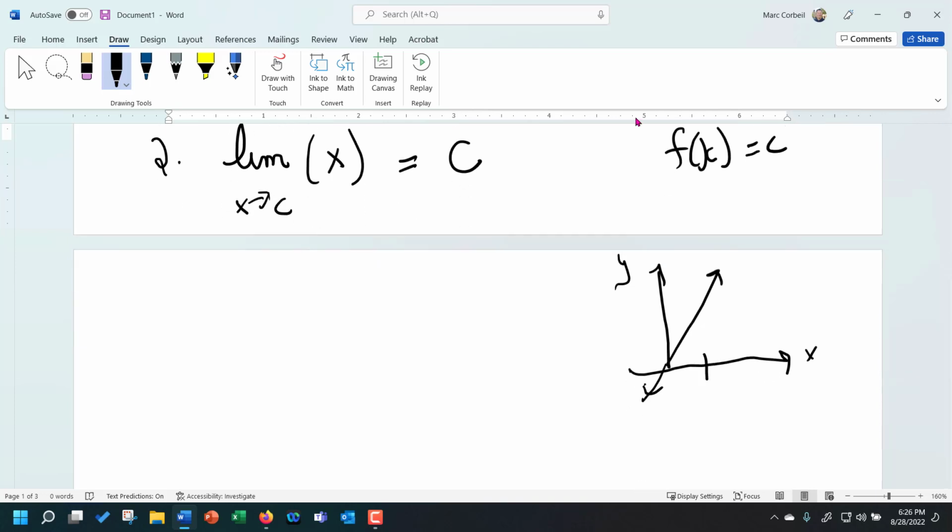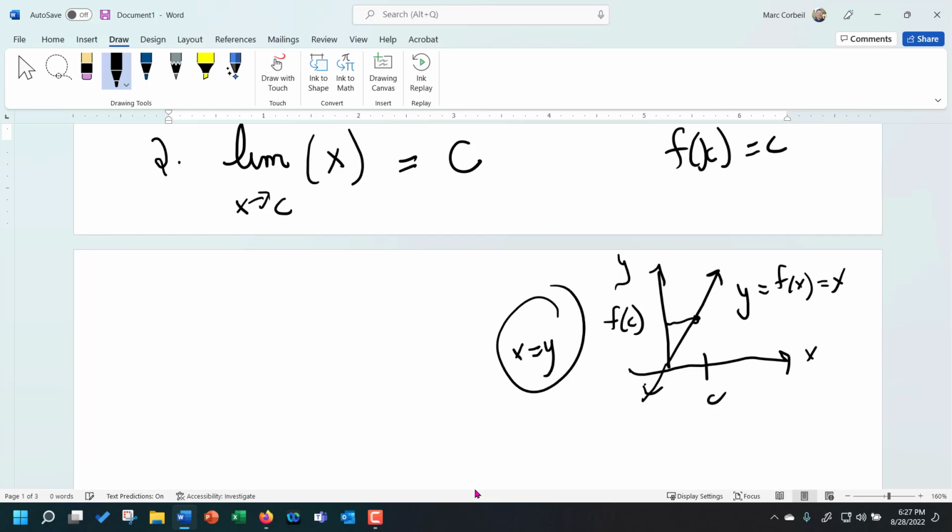If we take any c along this line, the value here is always going to be f of c. The y and the x are always the same value on this function. So if I go to c, then the value is going to be c. So that part is also easily seen graphically.